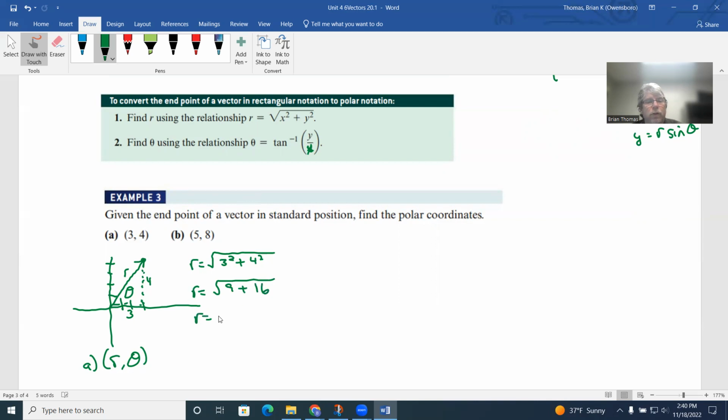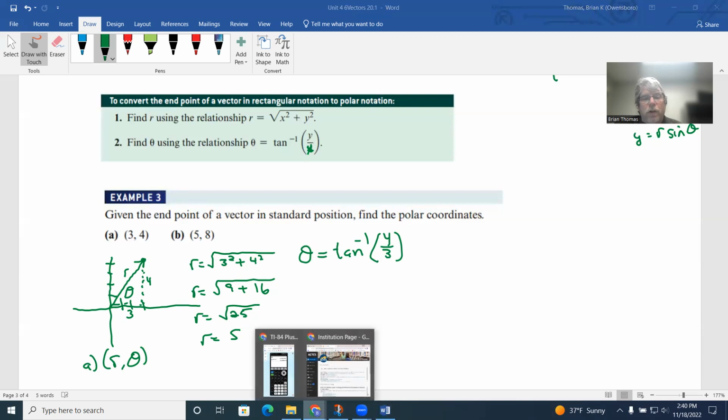So r is going to equal the square root of 25, so r equals 5. To find theta, we use the inverse tangent of y over x, so 4 over 3. That gives me the central angle, or theta.